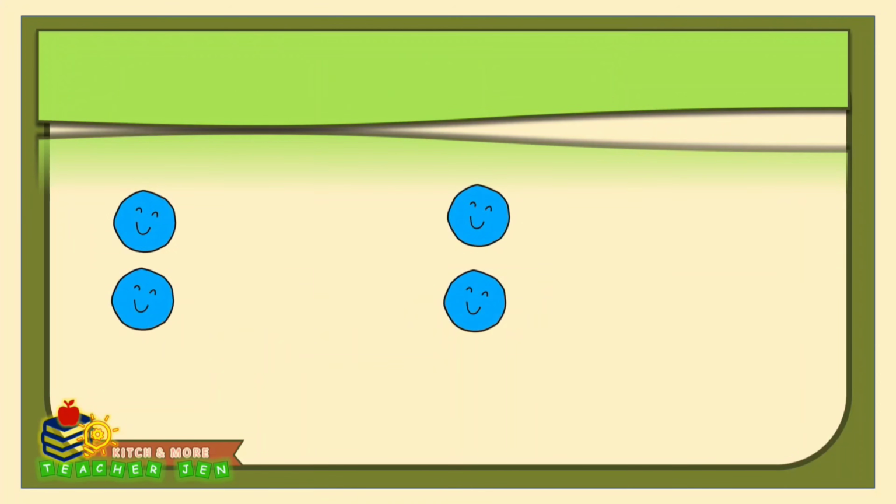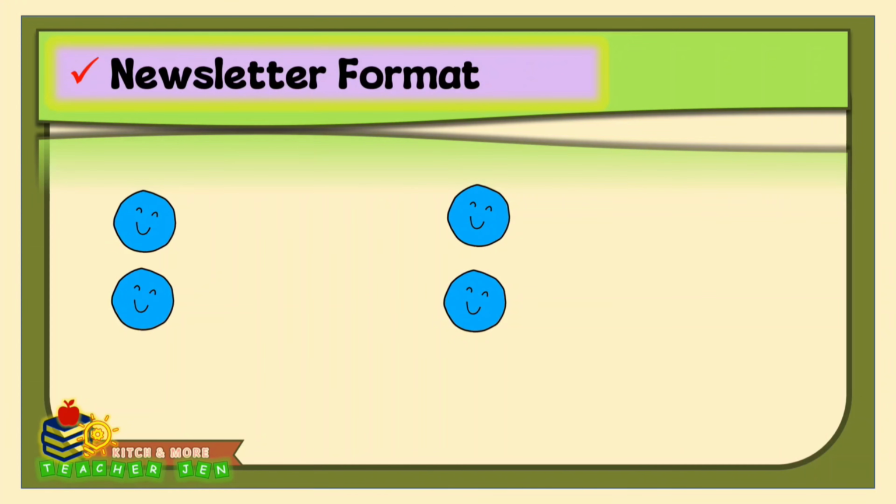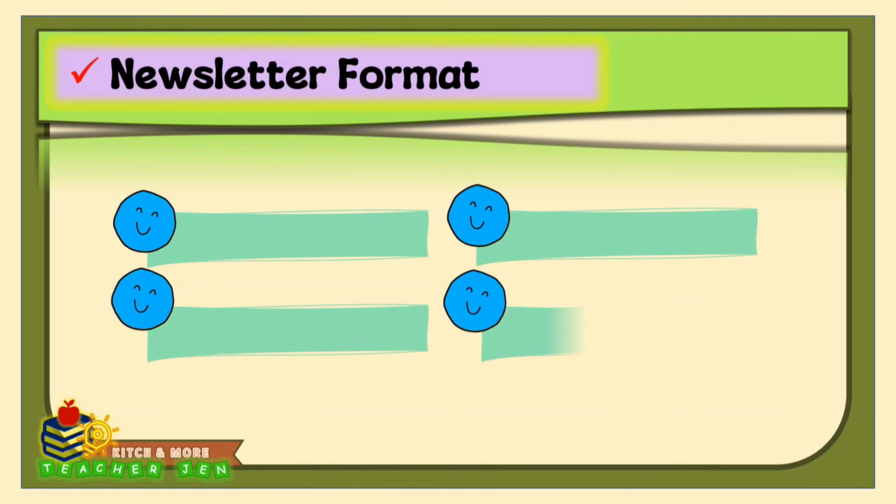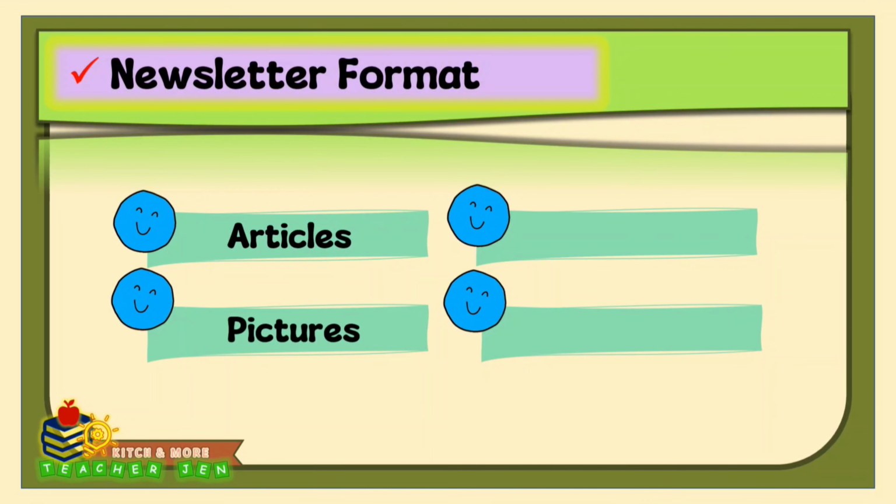Now let's talk about the newsletter format. A newsletter usually includes several important parts. There are articles. These share news or information about different topics. There are also pictures. Images help make the newsletter more interesting and visually appealing.